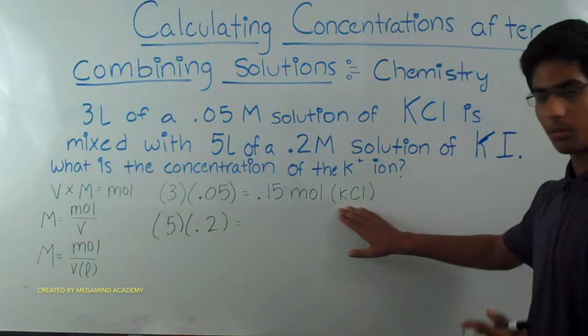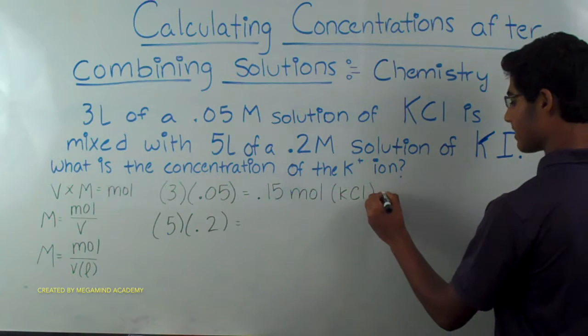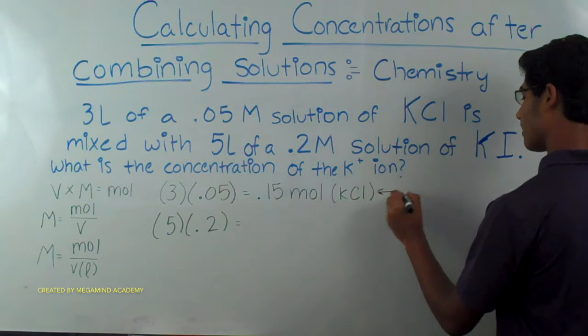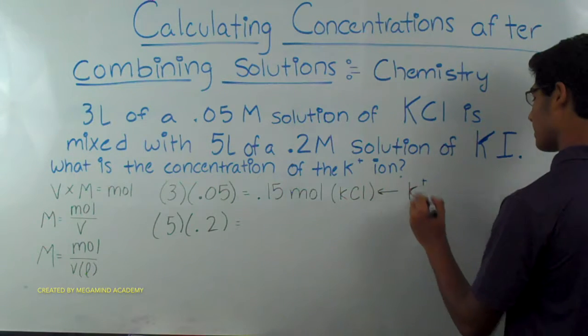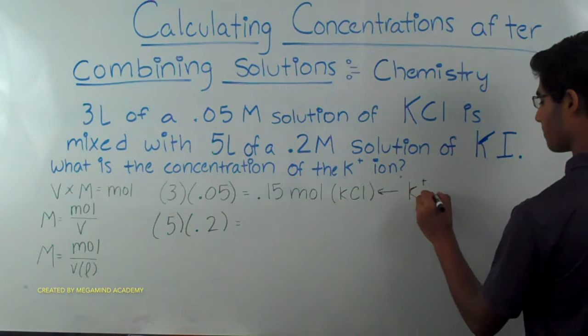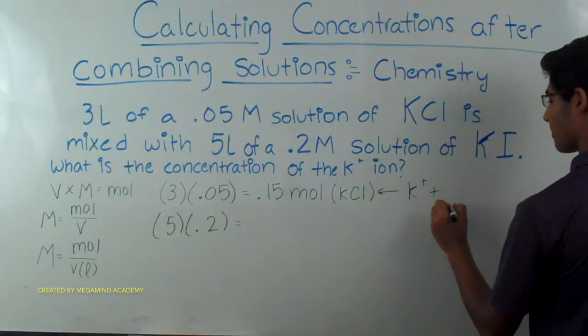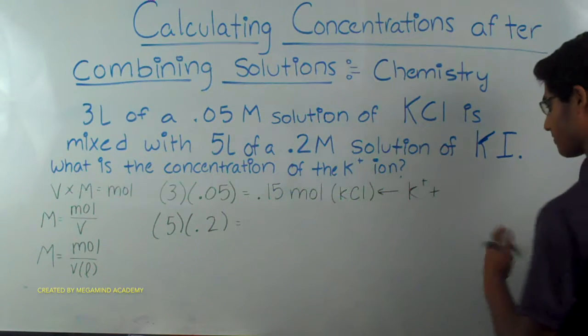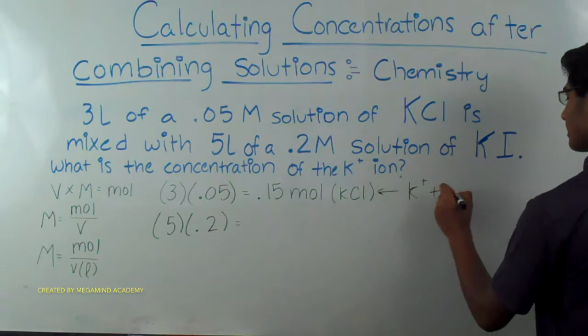If we break this up, we know that KCl is basically K plus, plus Cl minus.